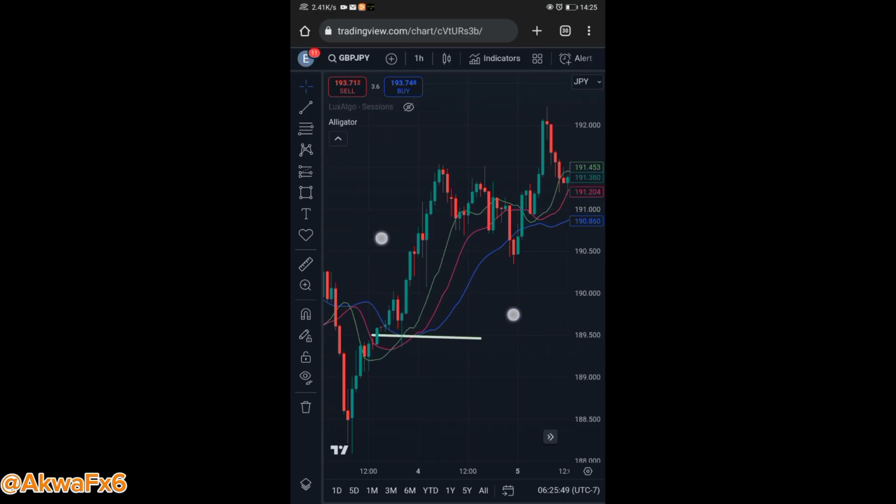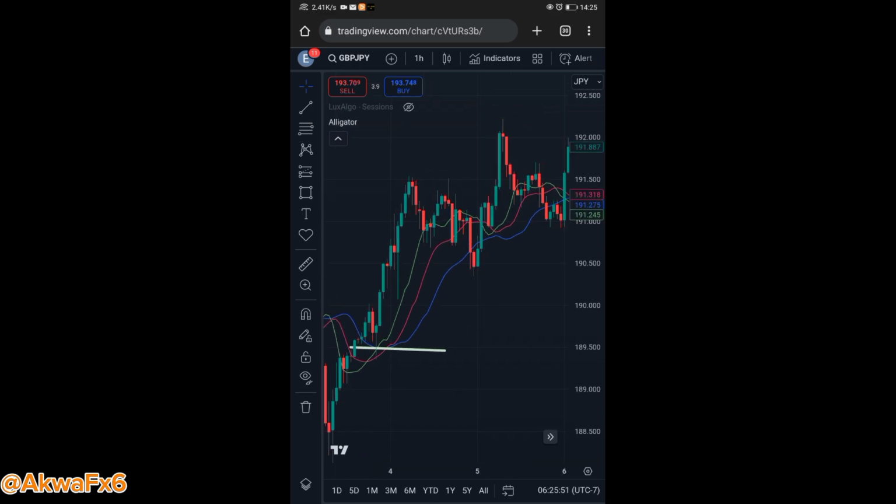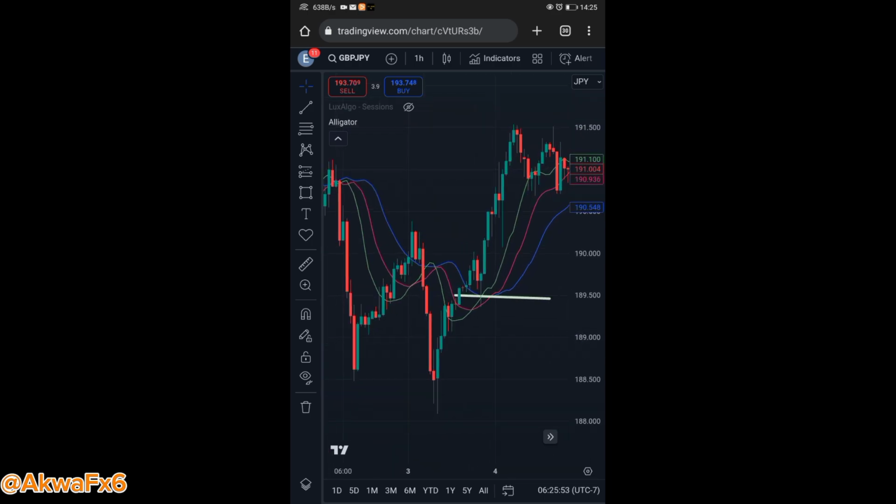So the only thing you are going to be doing, since you have already known your trend, is to look forward to another thing. This is where you are going to add your Asia range indicator. So when it comes to trading, you don't have to focus on one thing. Try to apply many things to make things work.